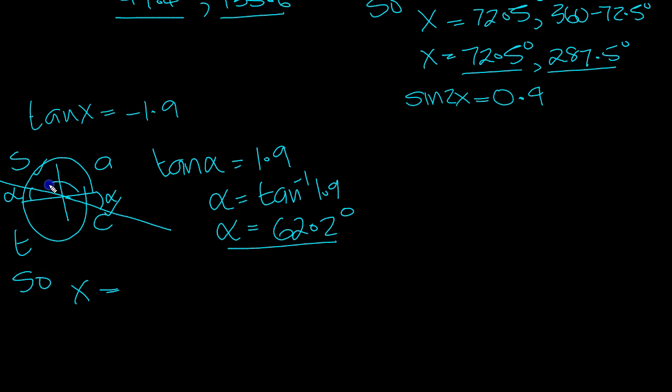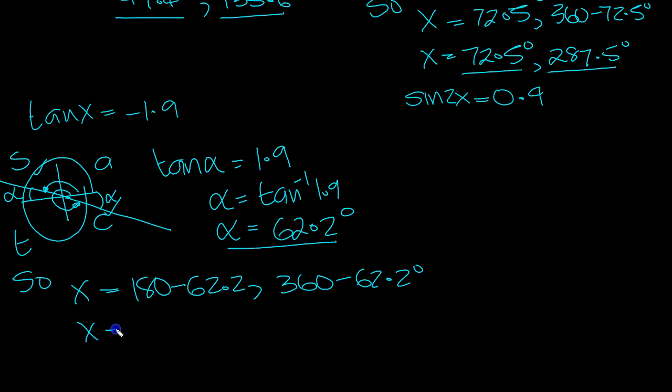Our first solution is round to here. 180 back 62.2. And our next solution is right round 90, 180, 270 round to here. Round 360 back the 62.2 degrees. So what have we got? We've got 117.8 degrees, and we've got 277.8 degrees.